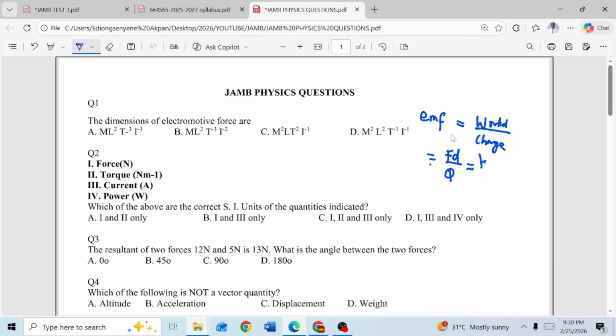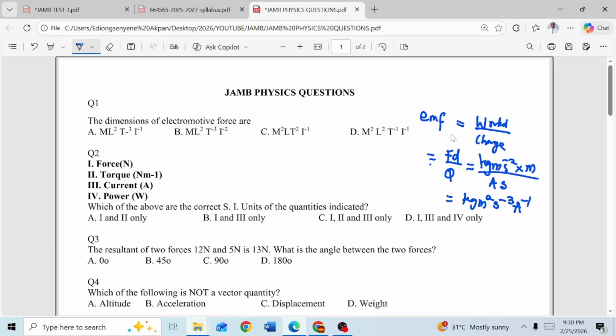This will give us kilogram meter per second squared. That comes from force. Remember, force is mass times acceleration, times distance, which is meter, divided by charge, which is current times time. Let's rearrange this. We have kilogram meter squared per second cubed per ampere.